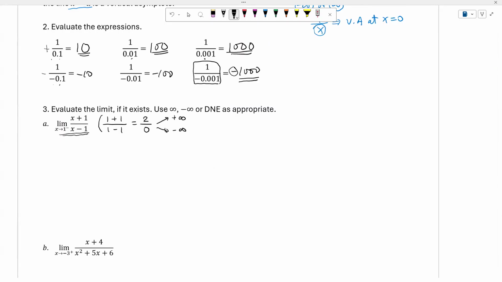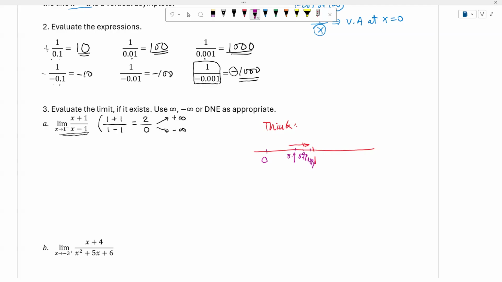This is how I think about this problem. I have x approaching 1 from the left. Meaning the numbers I have will be about 0.9, then 0.99, then 0.999, if I approach from this side.